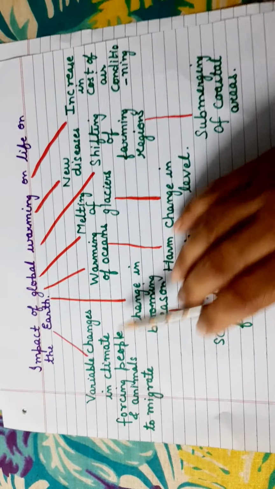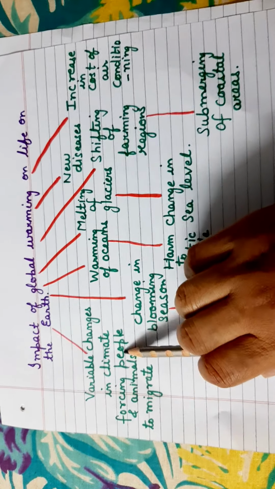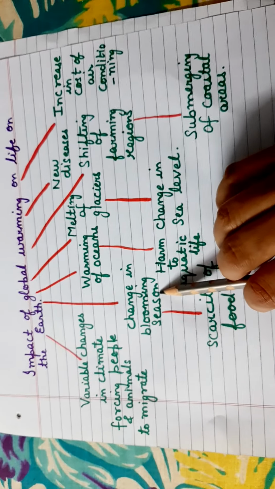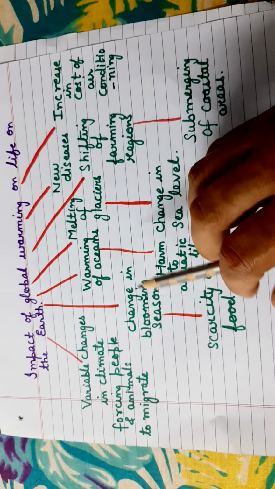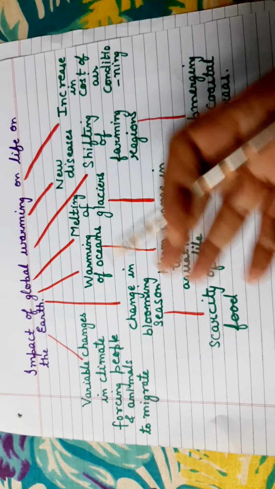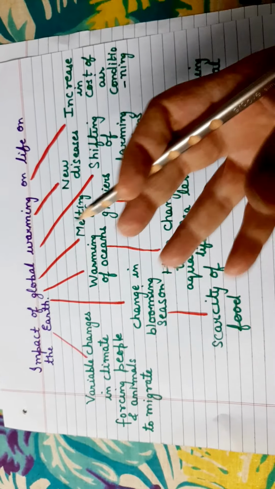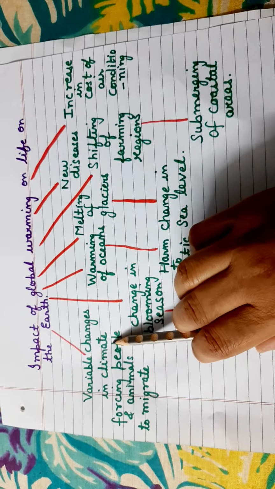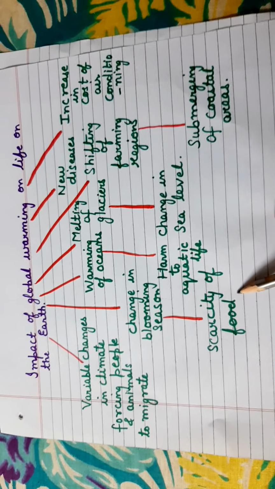Then, when there is uncertainty about the climate, it is going to impact the blooming season and also the crops which we grow. We grow crops according to seasons, rainfall, and temperature. Now when there is uncertainty of climate, what is going to happen? It is going to cause a scarcity of food.